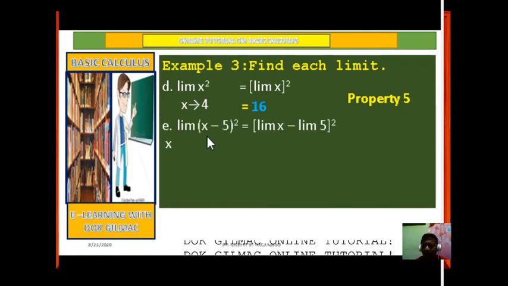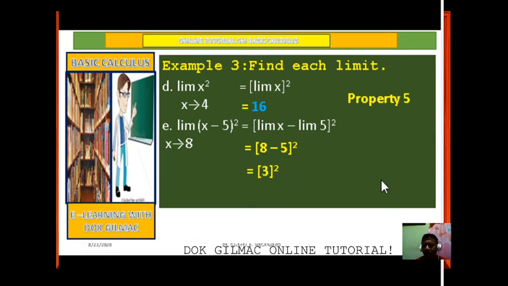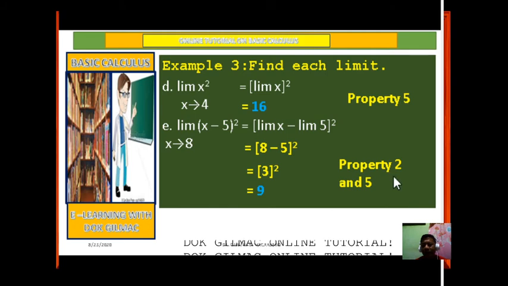Then we have here the limit of x minus 5 quantity squared as x approaches 8, which is just equal to the limit of x minus the limit of 5, quantity squared, as x approaches 8. So we have 8 minus 5 quantity squared or 3 squared, that is simply equal to 9. This time, property 2 and property 5 are illustrated.